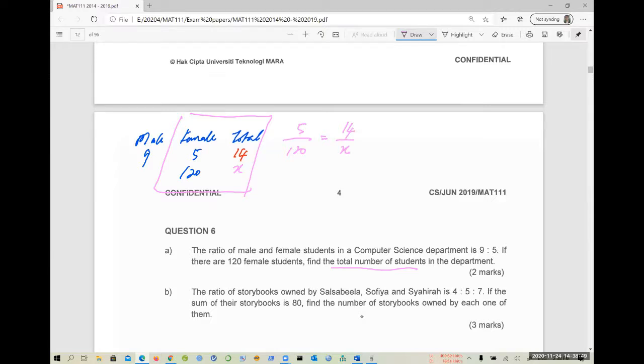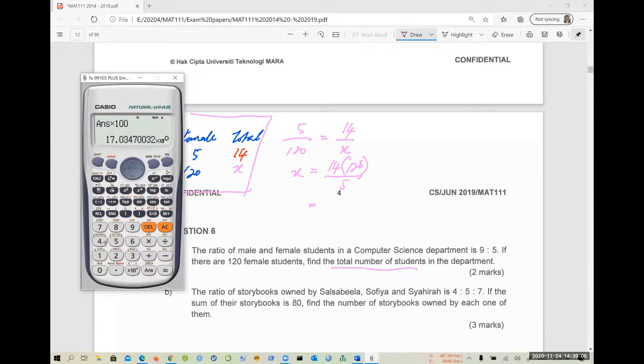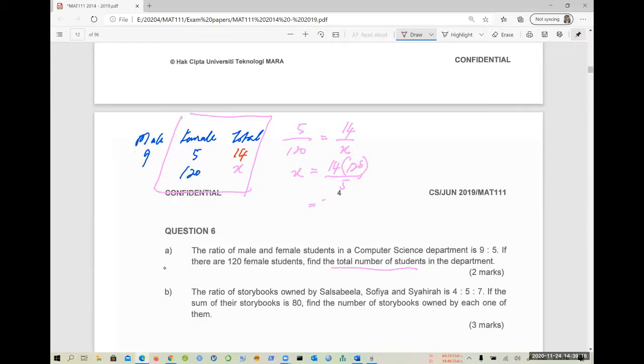So finding the value of X, you know that X is simply equal to 14 times 120 and then divided by 5. Calculate this one, 14 times 120 divided by 5, and you get 336.